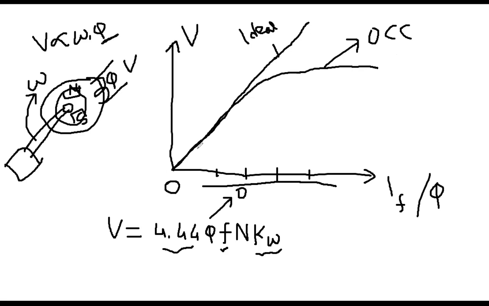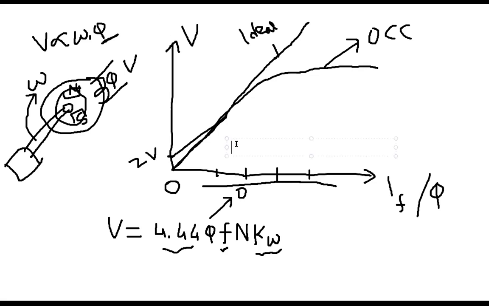But sometimes it happens that even though there is no flux, for example, you are doing a lab experiment, and you start a generator and measure the terminal voltage, at the very first attempt you might get some voltage, for example 2 volts. So the curve might not start from zero, it might start from here, at 2 volts, or it could be 1.5 volts. This is due to the residual magnetism.